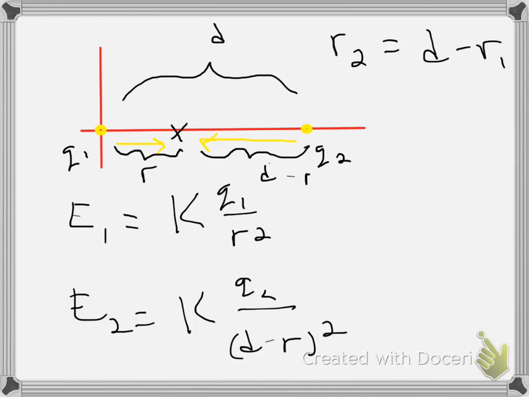And I could perform some algebraic wizardry here and come up with an answer. I think if it's allowed for you to do it, and the person I'm making this video for can do it, it's easier to solve this graphically. So what I'm going to do is go to my calculator, and in my y equals area, I'm going to graph y1 equals K Q1 over X squared, where I would actually put in the numbers here.